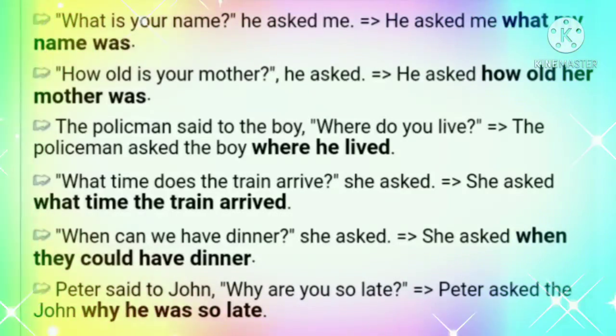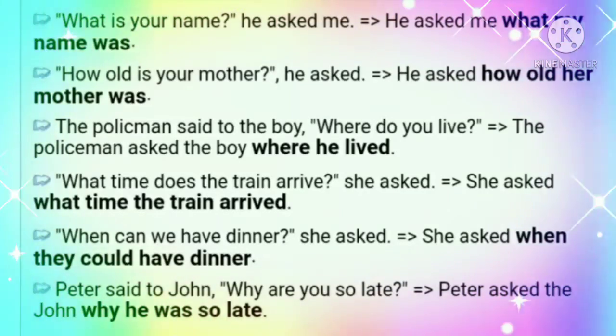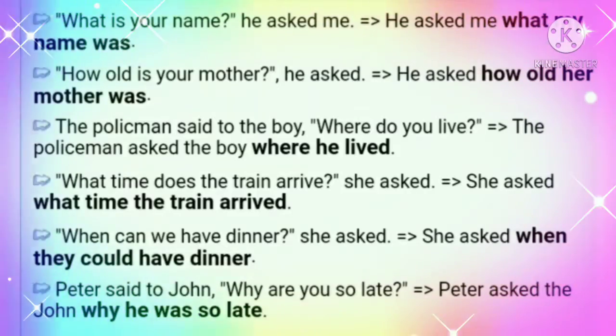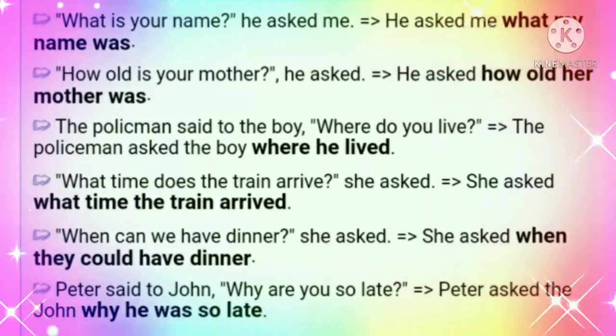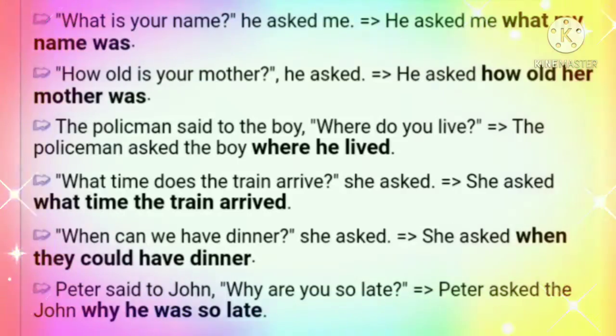So you see, was here is at the end of the reported question. The same thing is for the second question. How old is your mother? So the only verb is the auxiliary to be, so it is put at the end of the sentence.